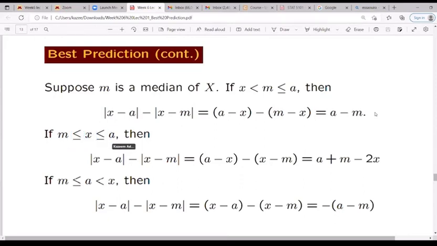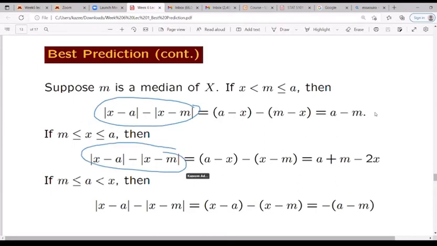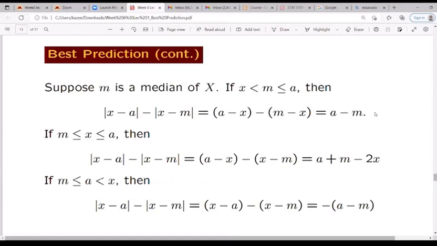Now if I rewrite this again, now that I'm talking about a different kind of interval, I'm still going to switch this one here, but you are not going to switch this. I just wanted you to see the difference. The other time, when I was considering this, I had to switch to remove the absolute value.